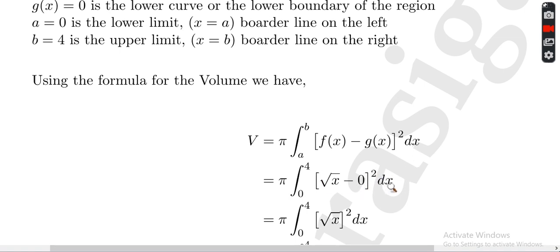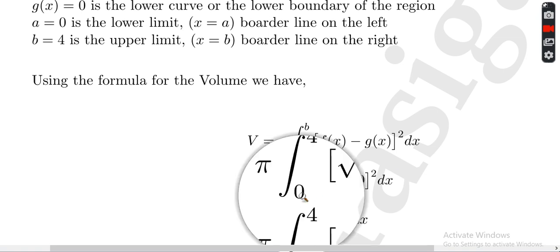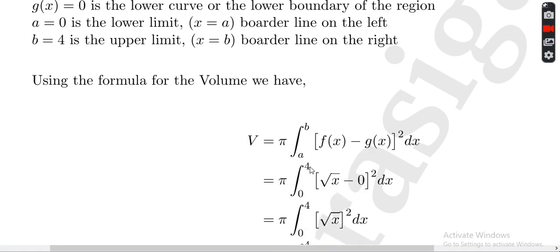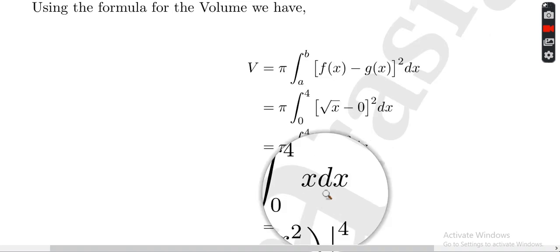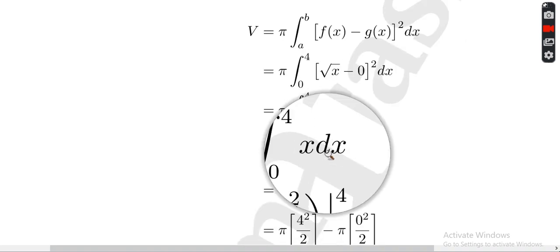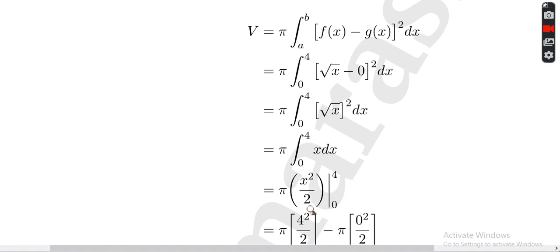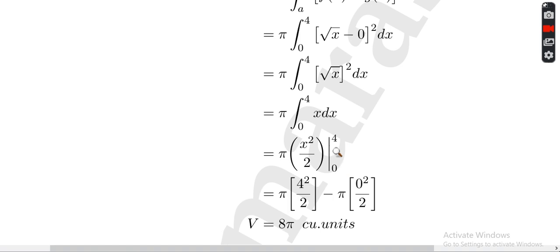And then, your dx is the variable of integration evaluated from 0, that's the lower limit, and the upper limit is equal to 4. Your square root of x minus 0 is just simply square root of x, and if you square it, it's just simple as x. And then if you integrate x, that is x squared over 2 multiplied by pi, evaluated from 0 to 4.